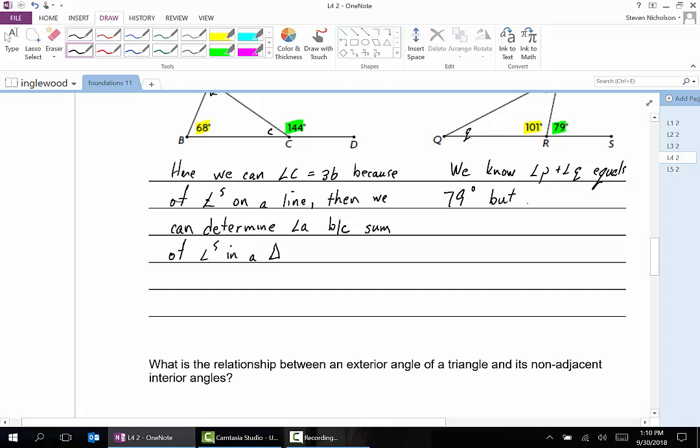But we cannot know what they are individually, because we don't have the correct information. So we know that they add up to 79 degrees, but we can't tell you exactly what they are.